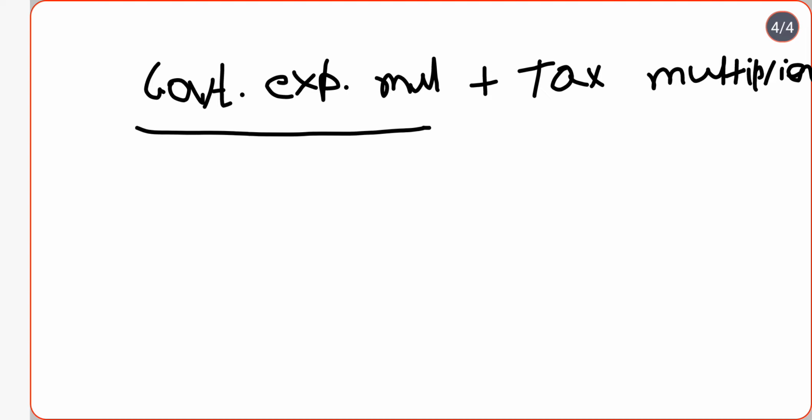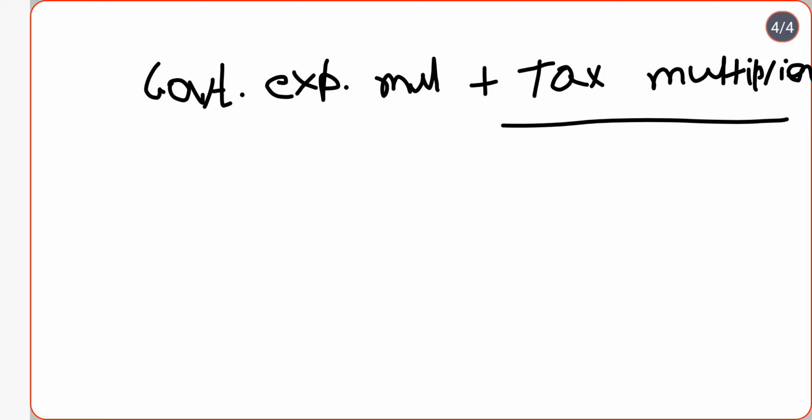That means the money is spent by the government. The government is spending this amount of money on social welfare schemes and all the other aspects of the economy. That is represented by the government expenditure multiplier. And the tax multiplier tells us that this amount of money is coming to the government.